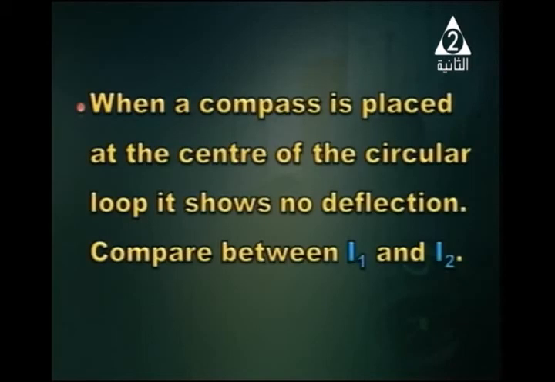When a compass is placed at the center of the circular loop, it shows no deflection. We want you to compare between I1 and I2. What does it mean that a compass shows no deflection? It means the total magnetic field at this particular point is 0, so the fields cancel out.